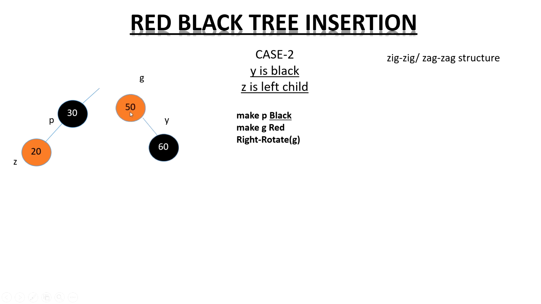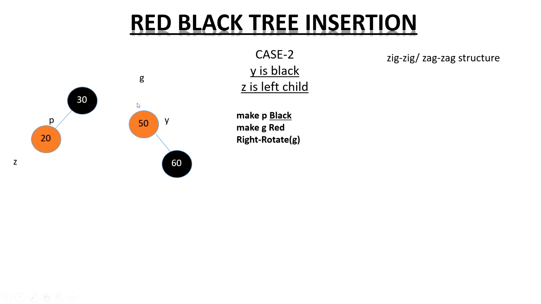Right rotate G. So this will move here, and the P will move to the top, and the right child of the 30 will be 50, and the right child of the 30, which was previously not shown, will be the left child of 50.